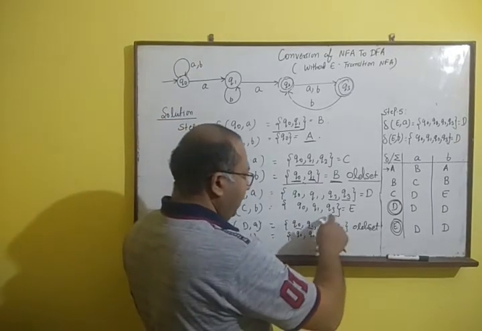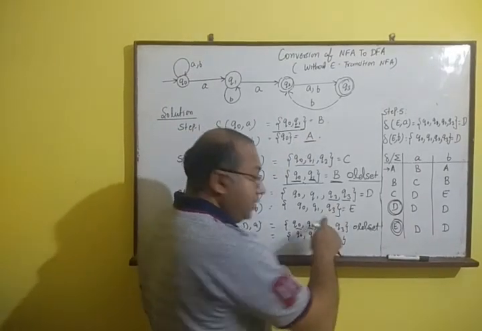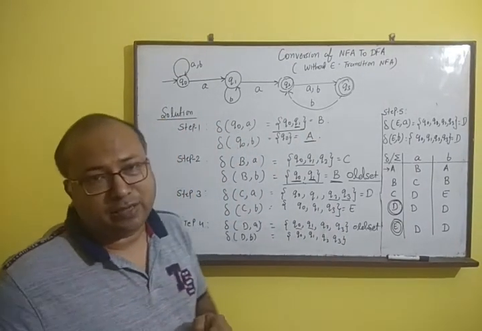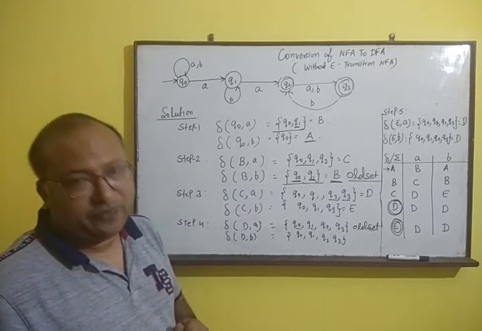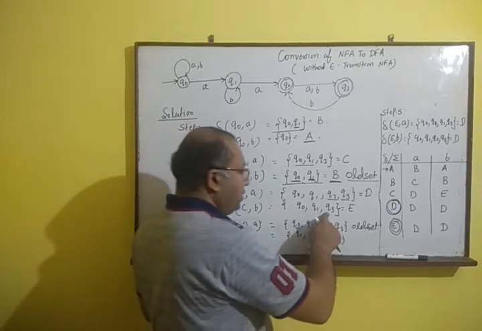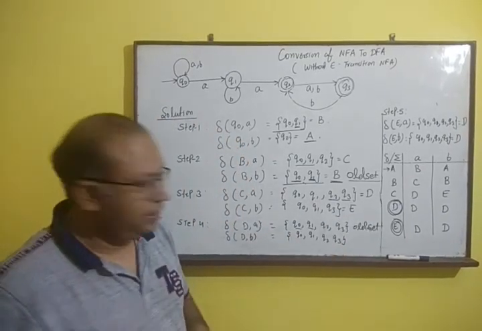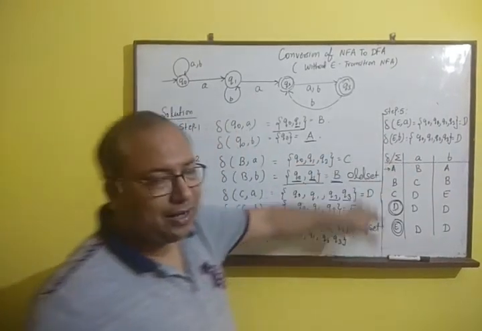So in E we are getting the Q3. It is not compulsory that both of the states should be present. If any of the states is coming in the set, we will consider the entire set as a final state. Because Q3 is coming into the set E, we will also consider E as a final state. So this is the transition table of the equivalent DFA.